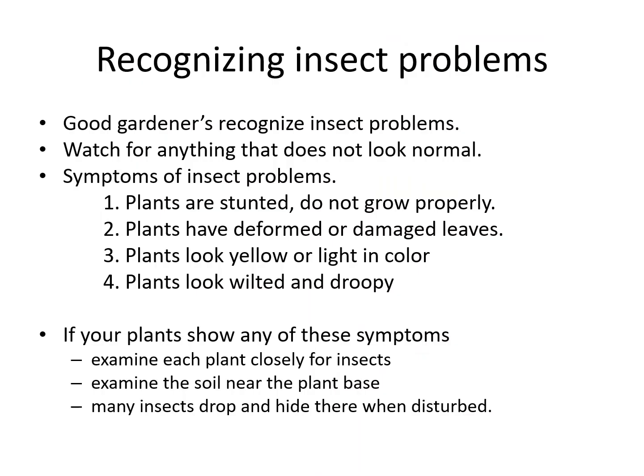All right, so we got to recognize our insect problems. So what do we look for? Anything that doesn't look normal, right? So here's some symptoms of insect problems. Some of them are the same symptoms when we have problems with funguses, viruses, or bacteria. So the plants are stunted, they don't grow properly.